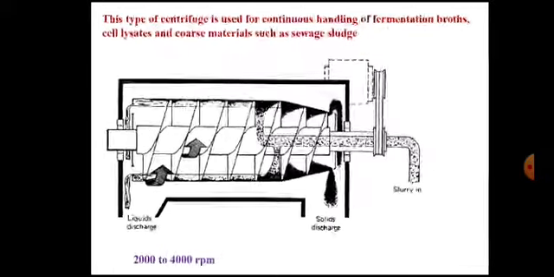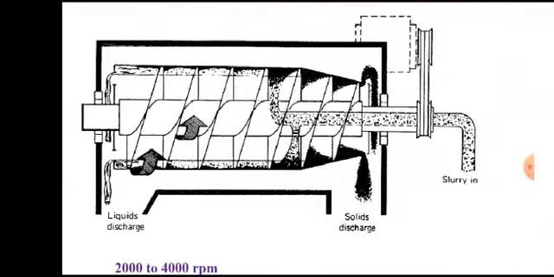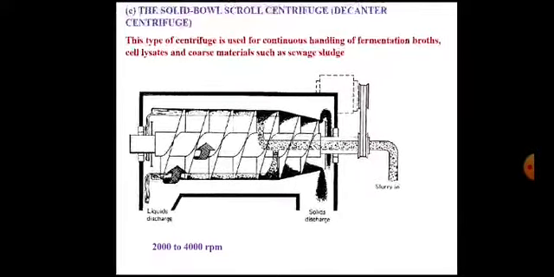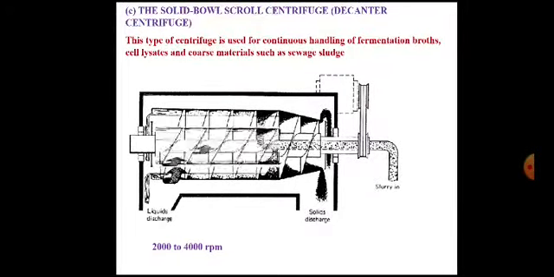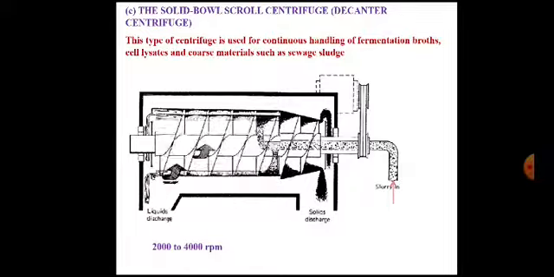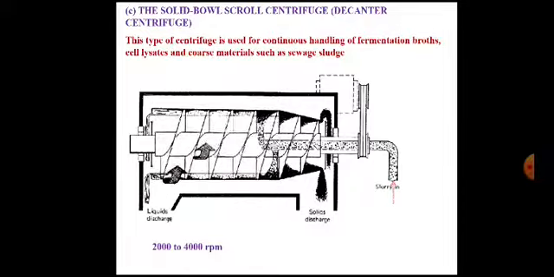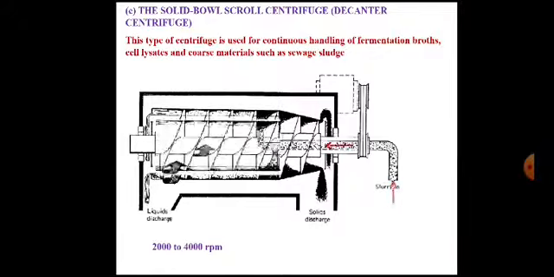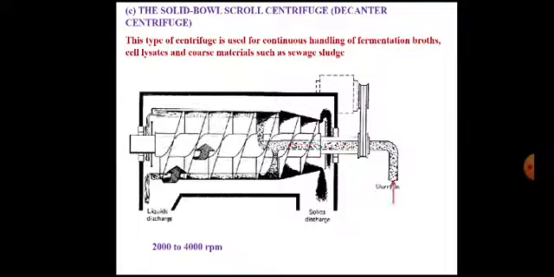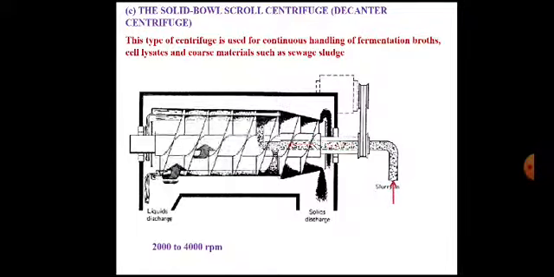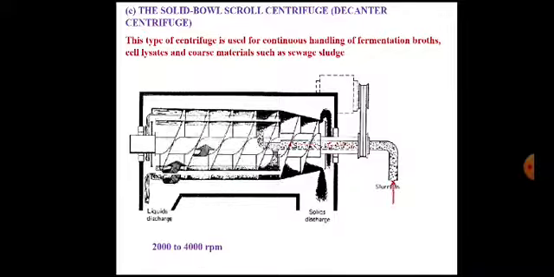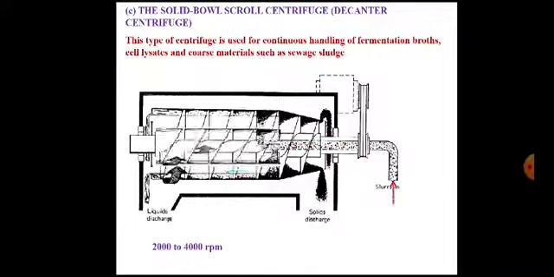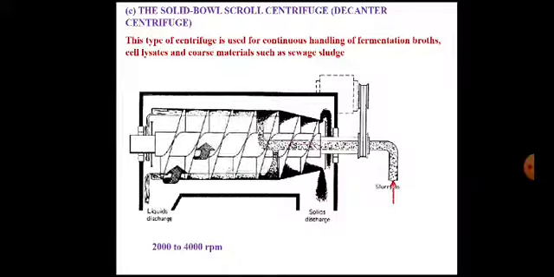This is the diagram of this decanter centrifuge. You can see here, this is a horizontally positioned centrifuge, and it rotates like this. From this end, the slurry will go inside the rotor of this centrifuge, which is operating like this. Whatever the liquid portion is there will run towards this end, indicated by the green arrow.